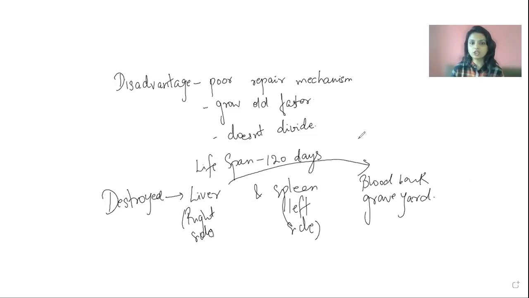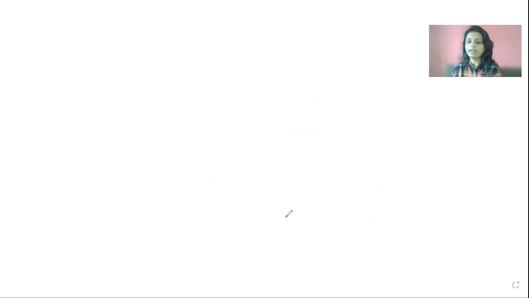So this was the disadvantage. I'll just go further ahead. I'll just write down: how does the liver know that RBCs are old?